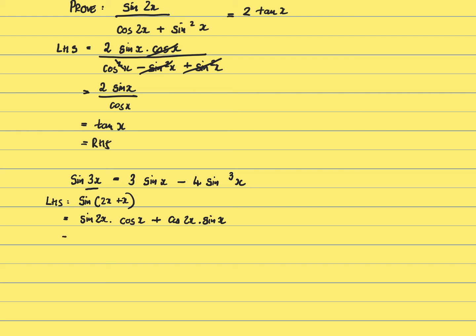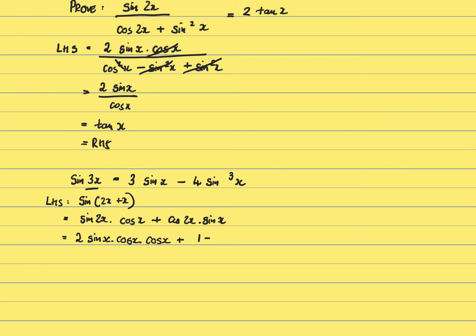So I'm going to carry on here and say sine 2x is 2 sine x cos x, times the original cos x. Cos 2x I'm going to write in terms of sine.